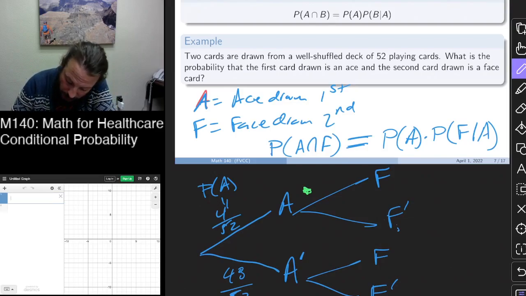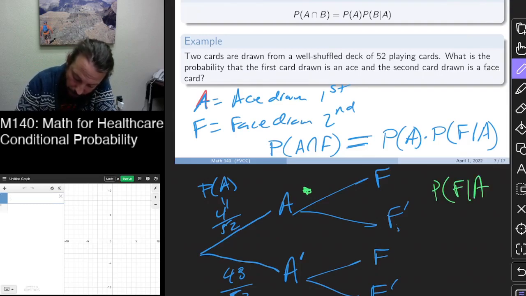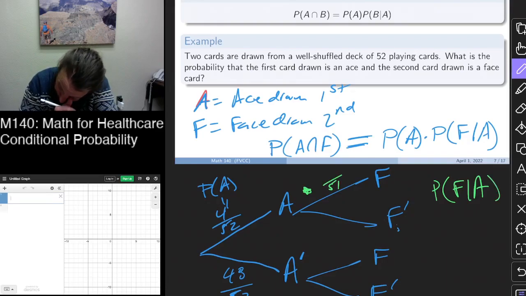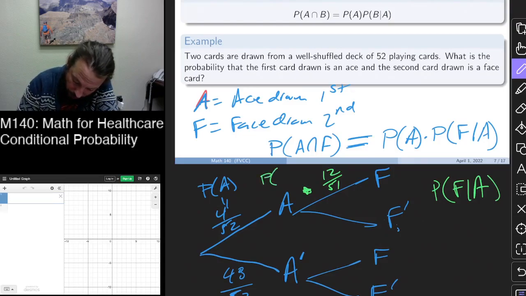In other words, that's the probability of F given A, where this green thing is, and that's going to be, well, we have 51 cards left, and there are how many face cards left? There's still 12. Okay, so remember, this is the probability of F given A right there.